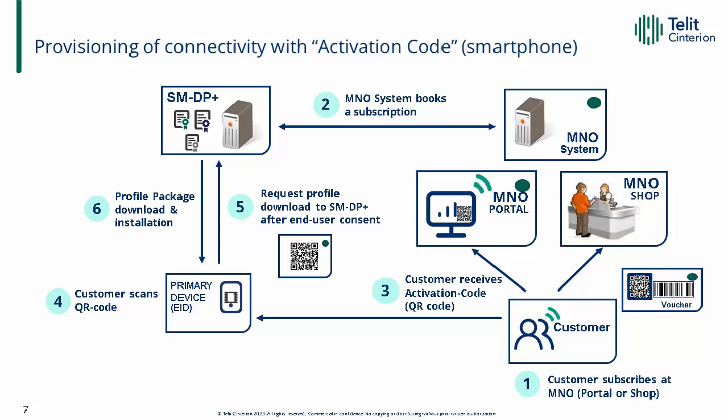And once you get it, you can use your device camera, and for sure you need to get on the network first. Usually you use Wi-Fi, and then you scan this voucher, the QR code, and then the device will communicate with the SMDP Plus server on the back end.